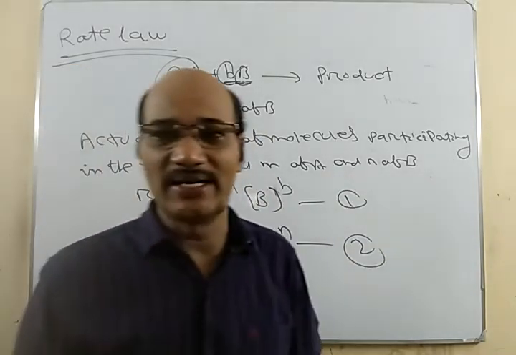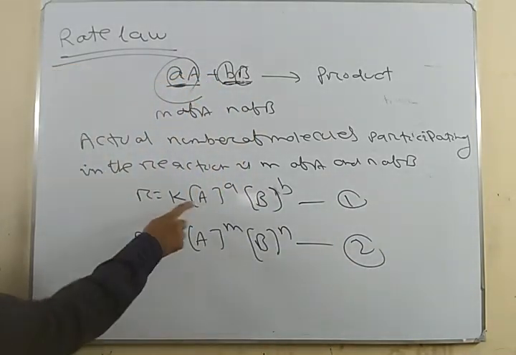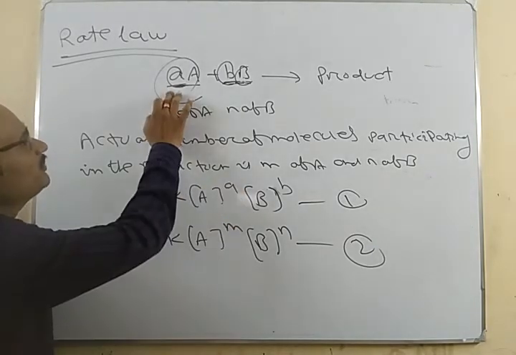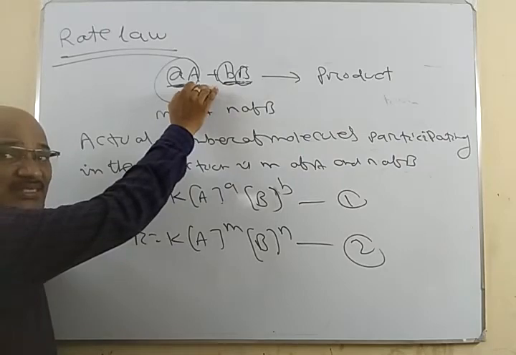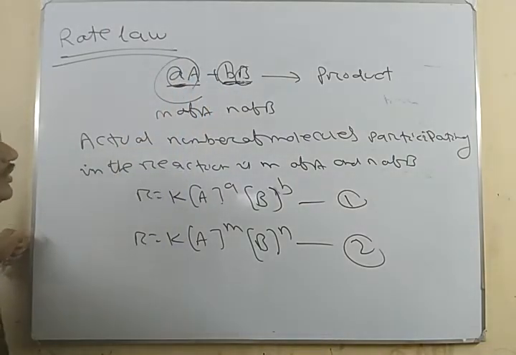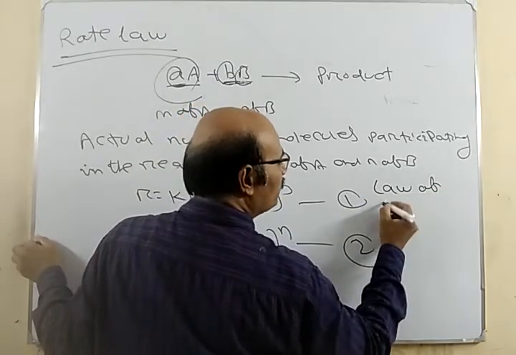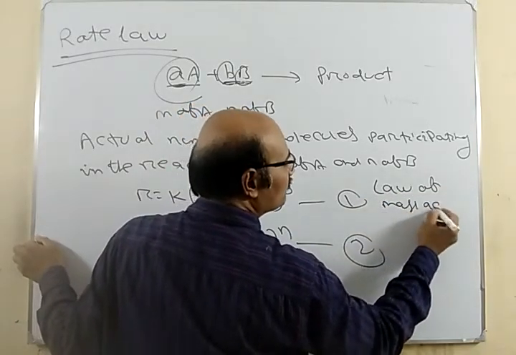So two equations I can write here. One is what? The actual number of molecules which we have taken in the balanced chemical equation. This is called the law of mass action.